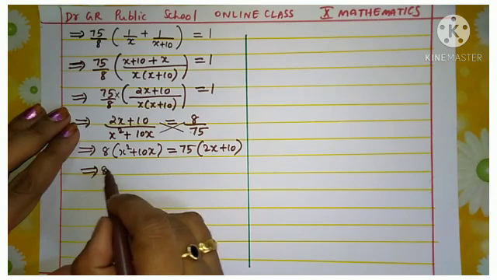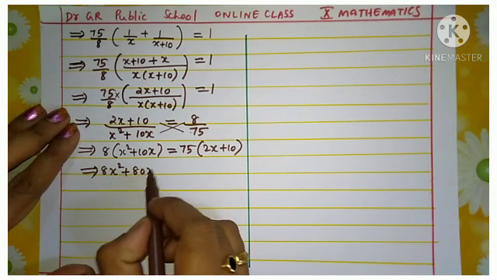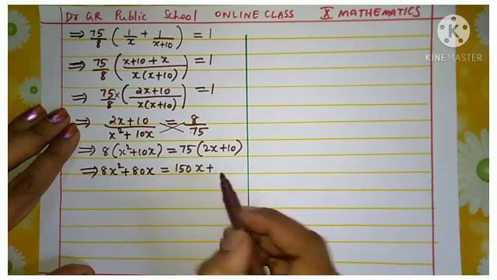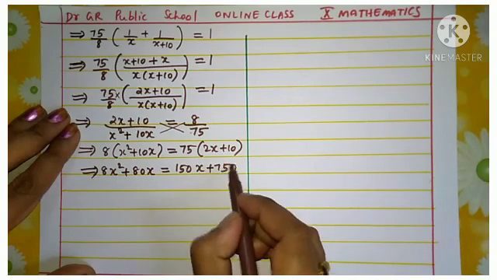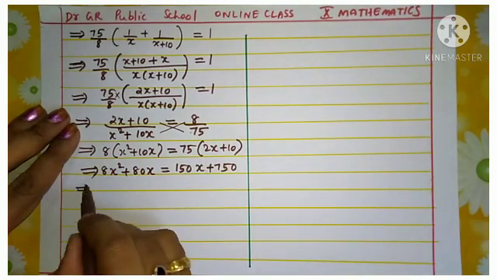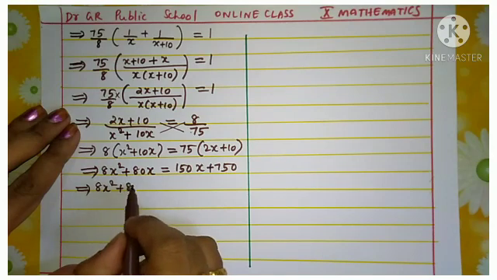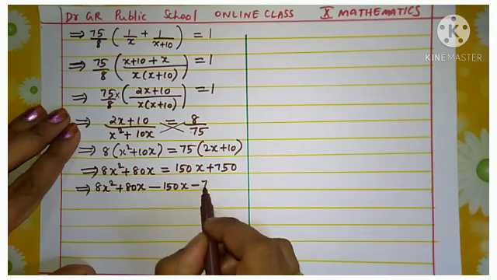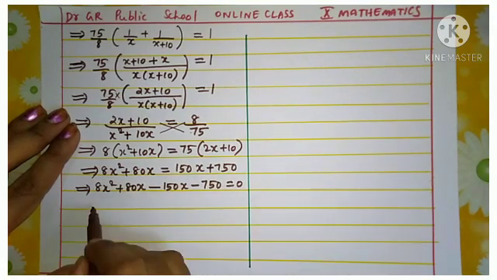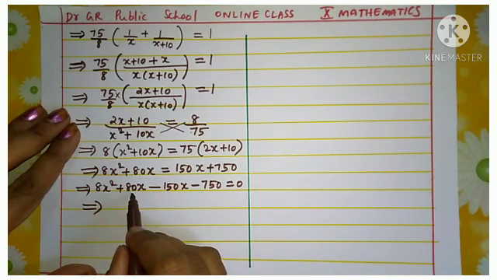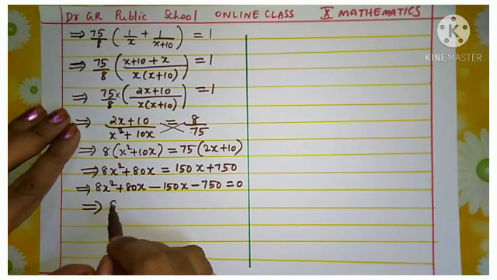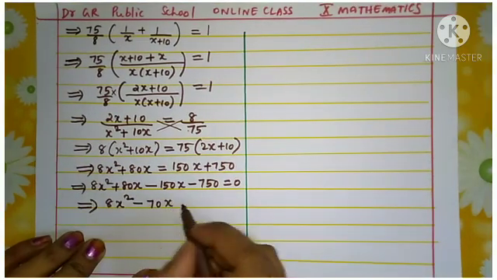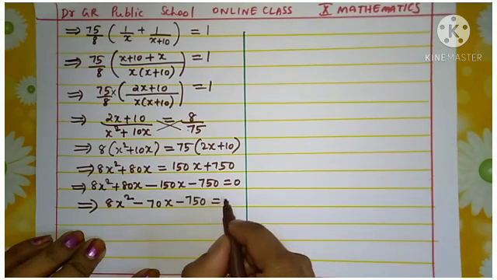Now expand the bracket, 8x square plus 80x equal to 75 into 2, 150x plus 75 into 10, 750. Now take all this to one side. 8x square plus 80x minus 150x minus 750 equal to 0. Now you can combine this 80 and minus 150, that is 8x square minus 70x minus 750 equal to 0.